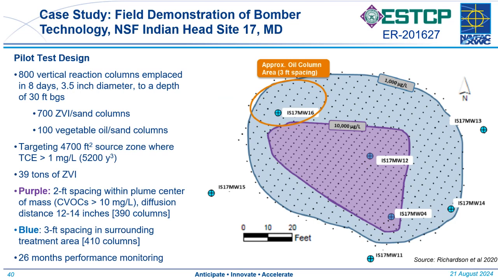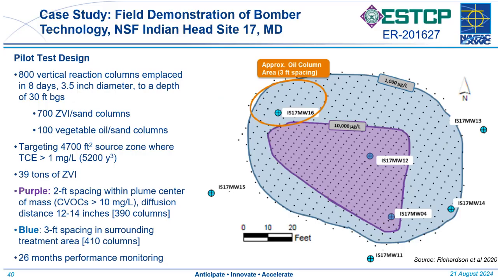This figure shows a summary of the design of our pilot test, which was done at Navy site Indian Head, Site 17 in Maryland, where they injected over 800 vertical reactive columns across the whole site.